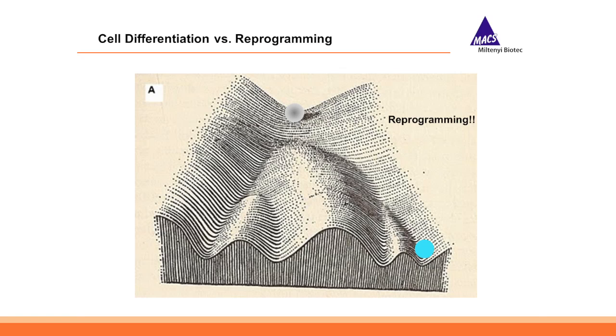However, as shown with the second ball, reprogramming bypasses this and sends a cell to pluripotency. Note, the ball is not shown to travel back along the same path it took to differentiate. So you would never exactly know where your cell is in this landscape.